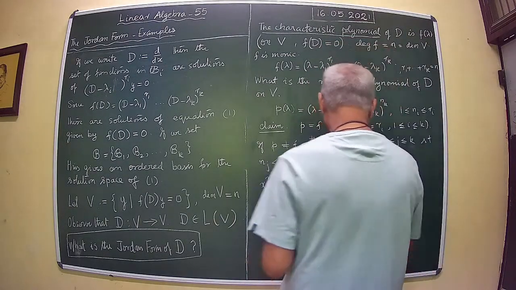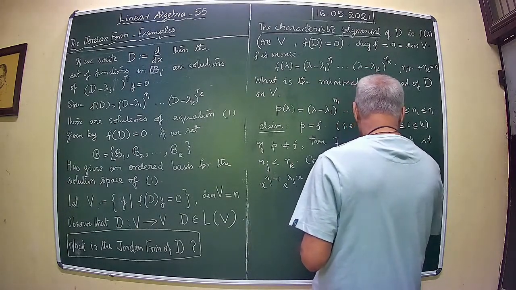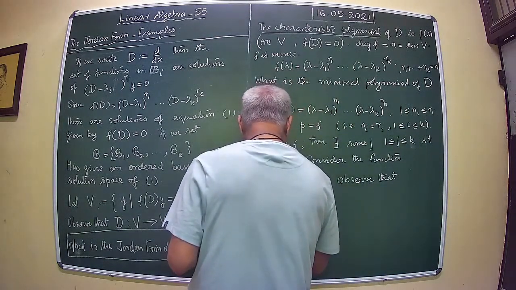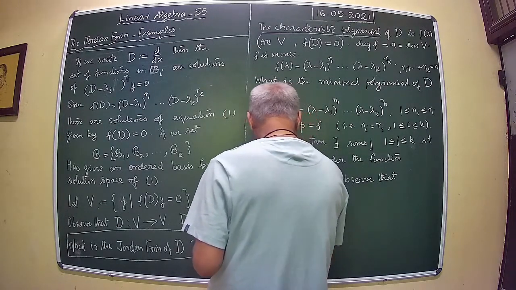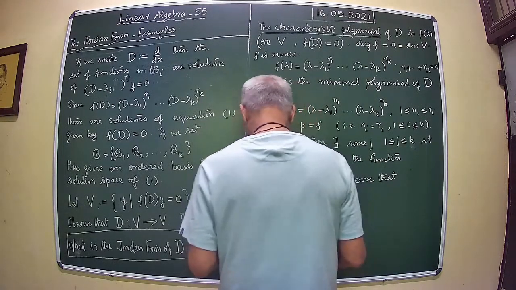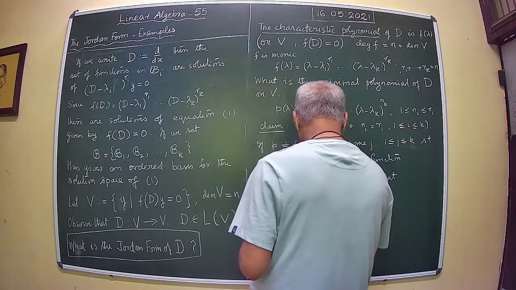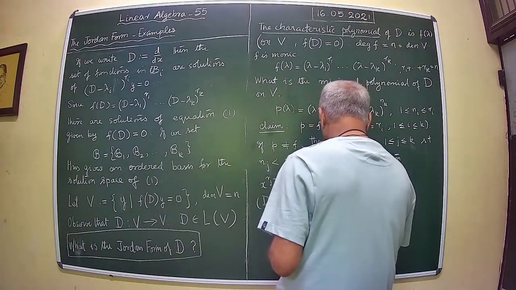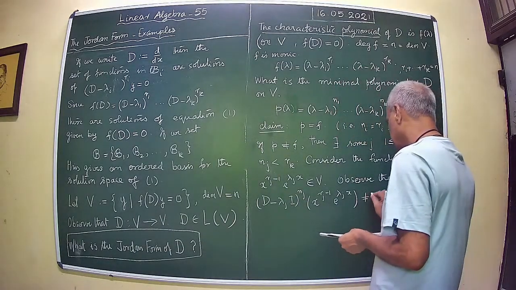Now we observe that (D minus lambda j) to the power nj operating over x to the power rj minus 1 e to the power lambda j x is not equal to 0.